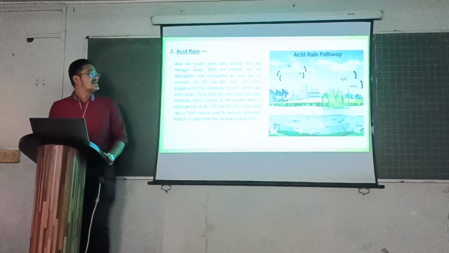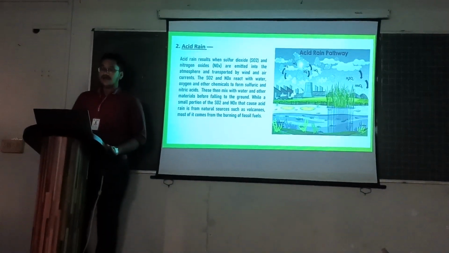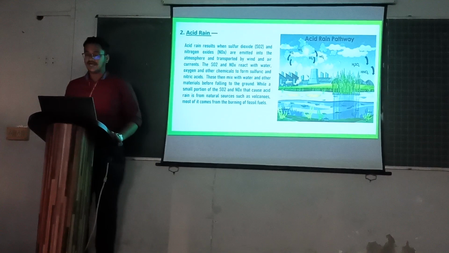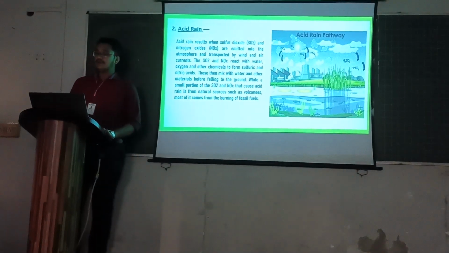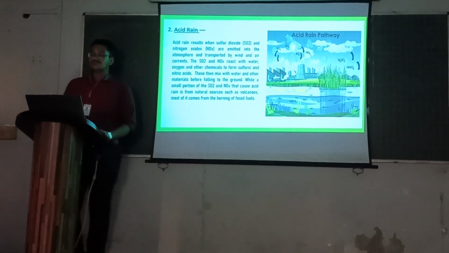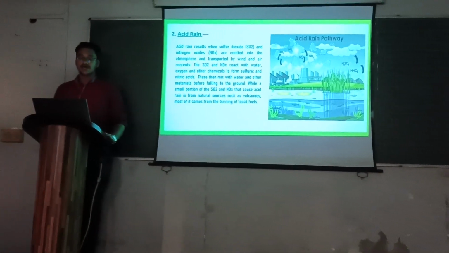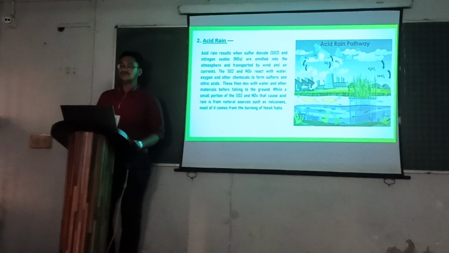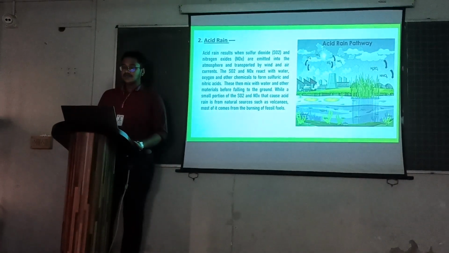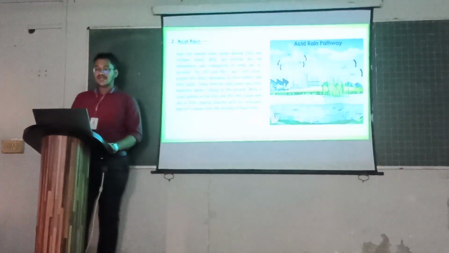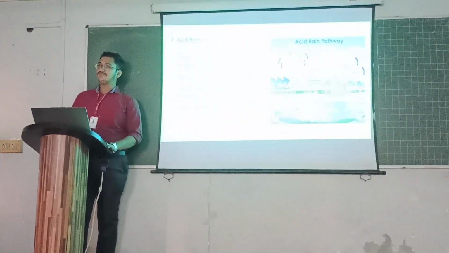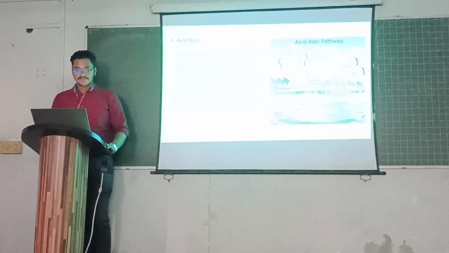The second point is acid rain. Acid rain results when sulfur dioxide, that is SO2, and nitrogen oxides, that is NOx, are emitted into the atmosphere and transported by wind and air currents. The SO2 and NOx react with water, oxygen, and other chemicals to form sulfuric and nitric acids.